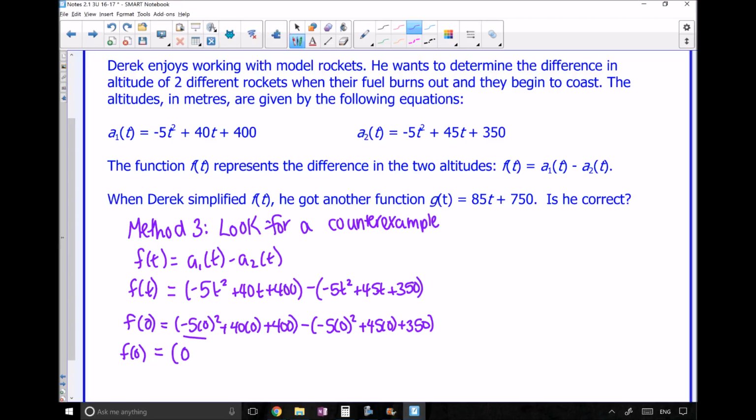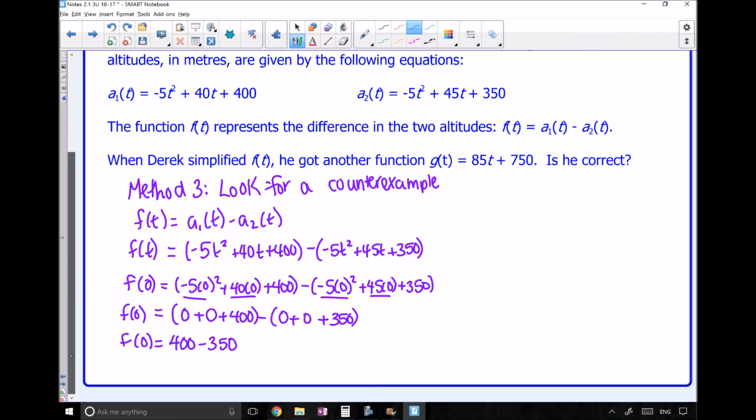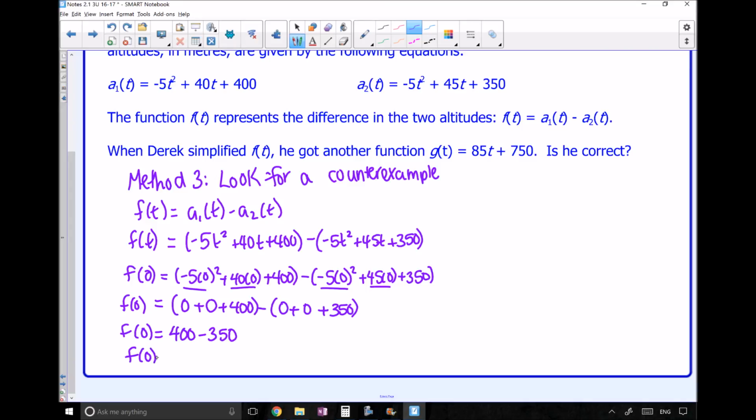This turns into 0. Another 40 times 0 is another 0 plus 400 minus, this also turns into 0. This is another 0 and then plus 350. So I get f of 0 is equal to, inside of my first set of brackets, 400. Inside my second set of brackets, I get 350. So it's 400 minus 350, which is 50.